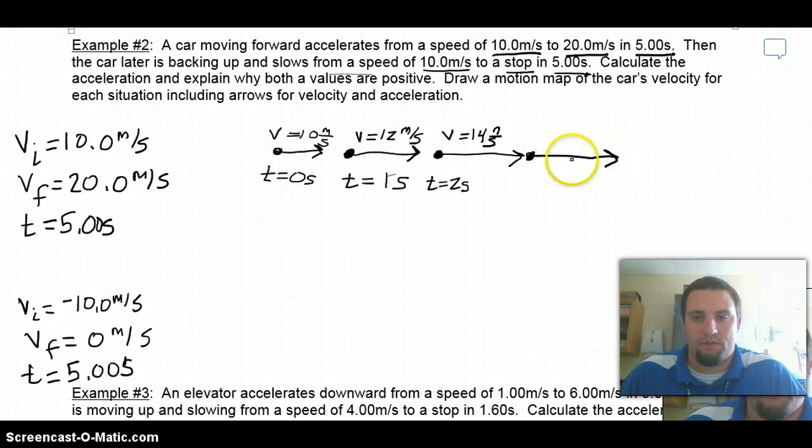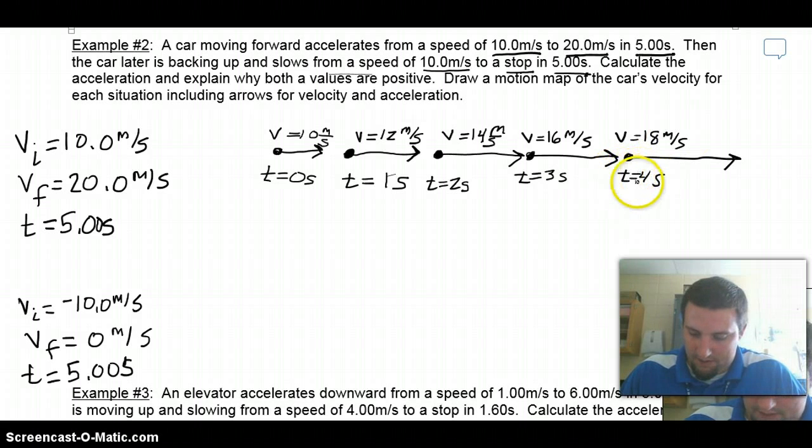Okay, should be longer than this previous one. This is time equals 3 seconds. Velocity equals 16 meters every second. Longer yet. Velocity is 18. Remember, I'm increasing by 2. Time equals 4 seconds there.